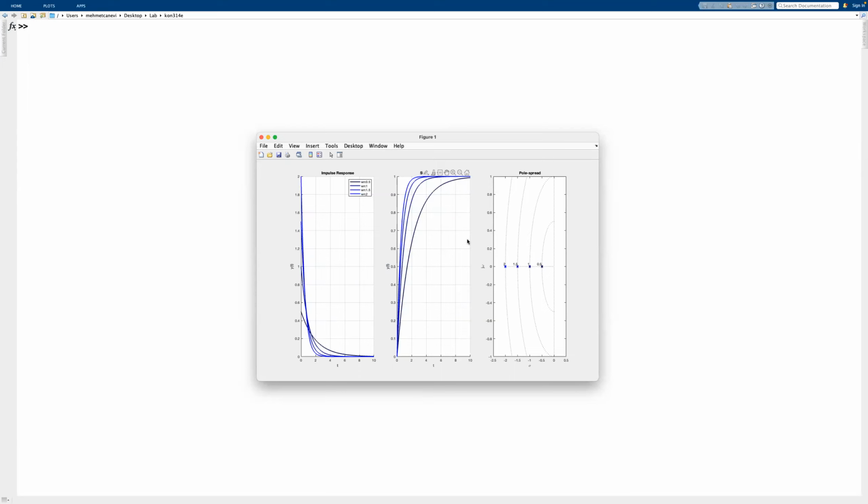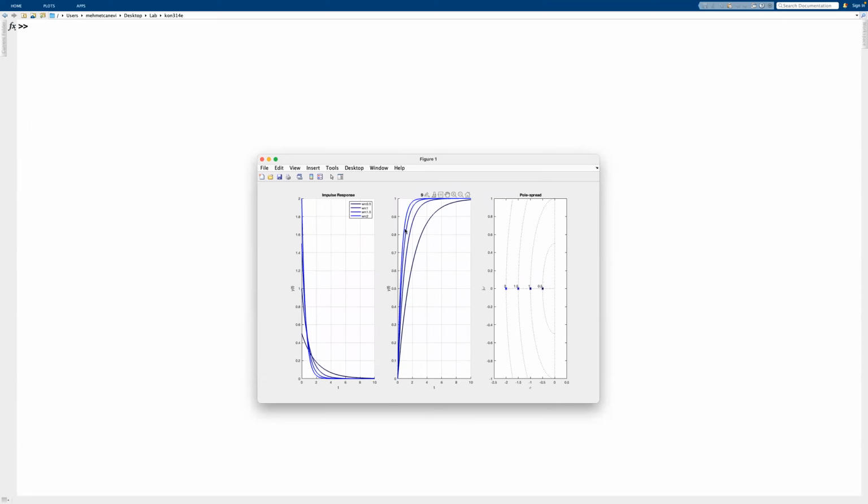So the basic assumption that we can make about the system's behavior is that when we move towards the left on the S domain, on the real axis, the system speeds up, or behaves faster and transitions faster from the transient state into its steady state.